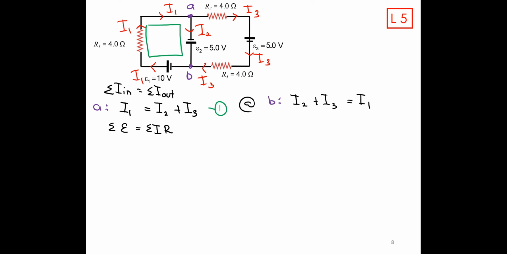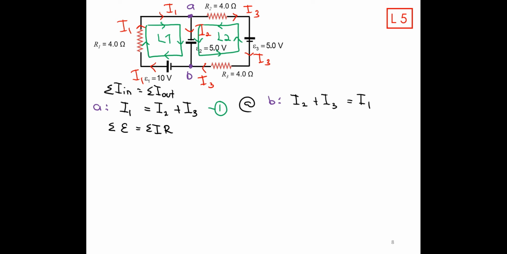At the left side, loop 1, I had decided this is clockwise. Make sure it is in the same direction. And at the right side, our second loop, I had decided this is counterclockwise.